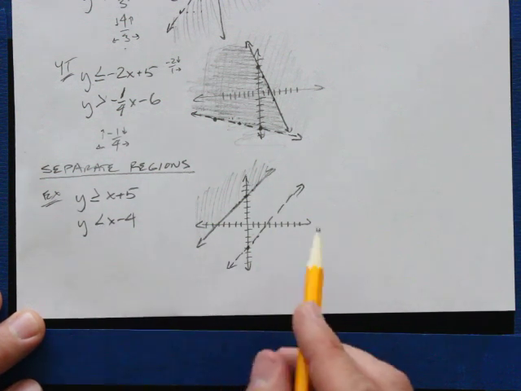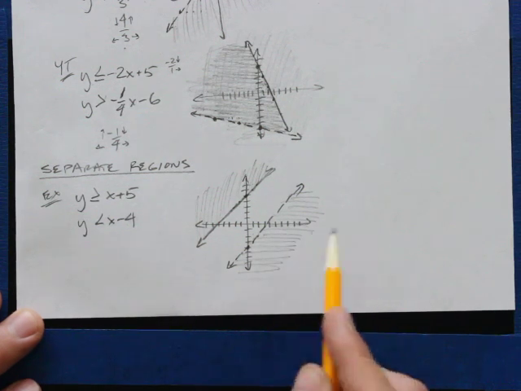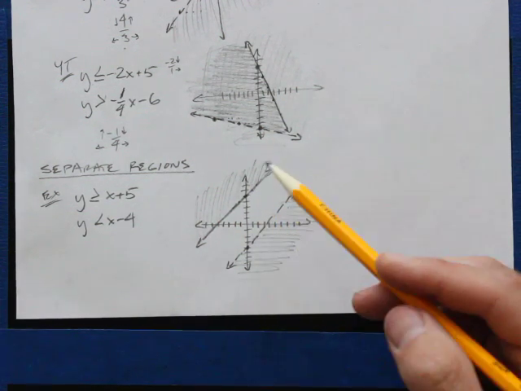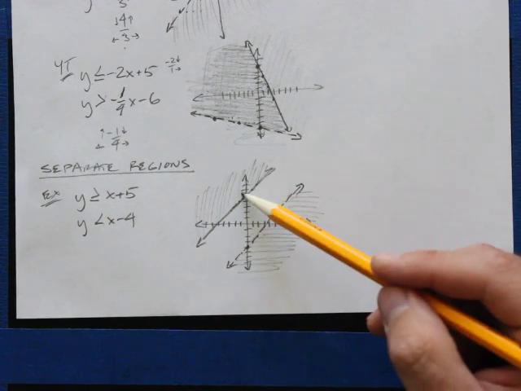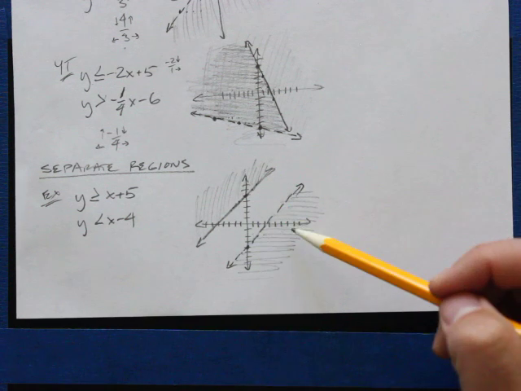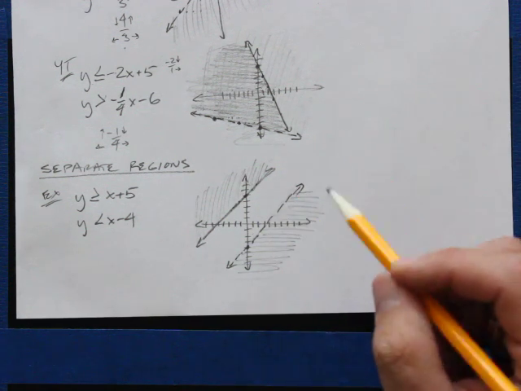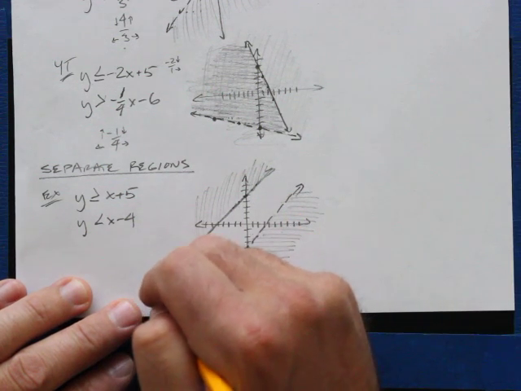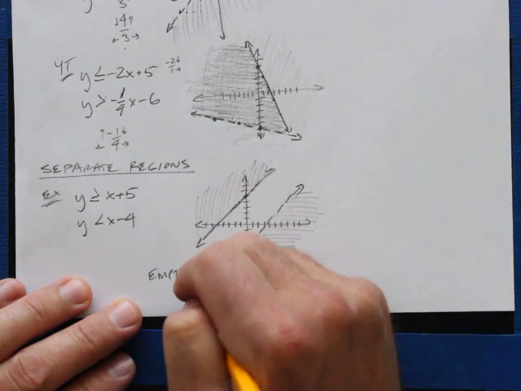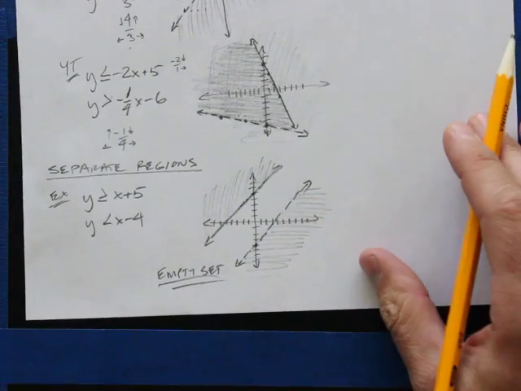y is less than this one. So now when I look at this, since the shaded regions are going in opposite directions from one another, they don't cross ever anywhere. So that means we have an empty set, or we might say no solution.